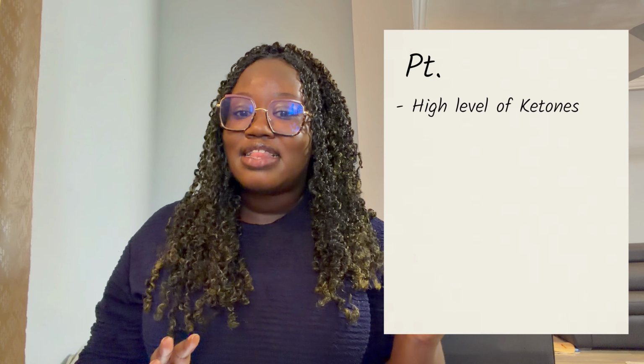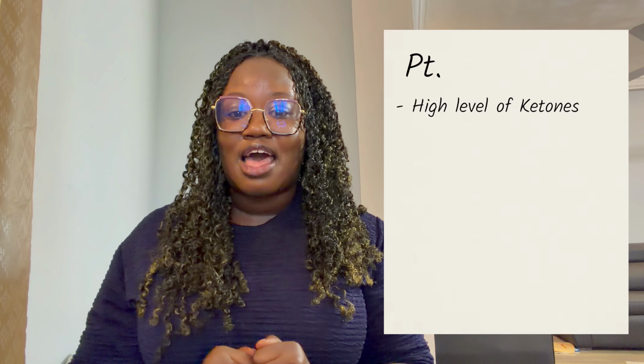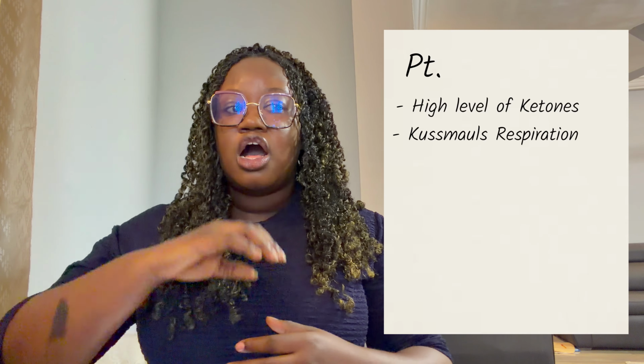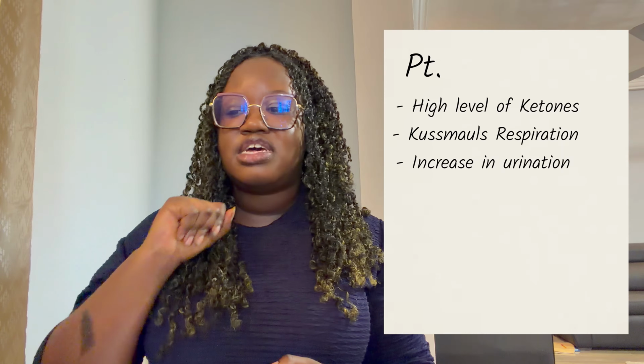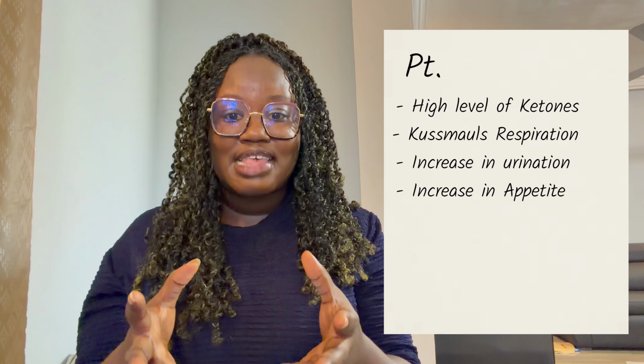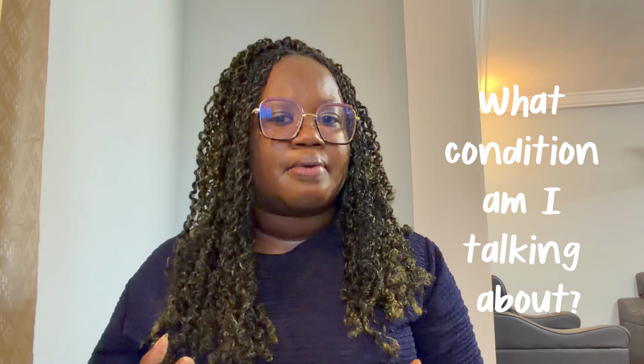For example, your patient has a high level of ketones. Your patient is having Kussmaul respirations. Your patient is having an increase in urination, an increase in appetite, and your patient is having metabolic acidosis. What condition am I talking about?